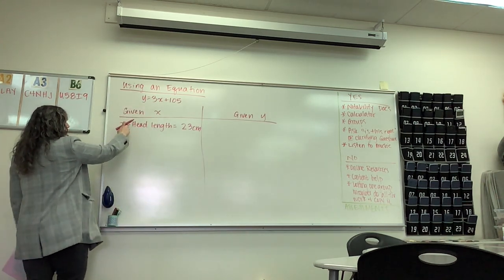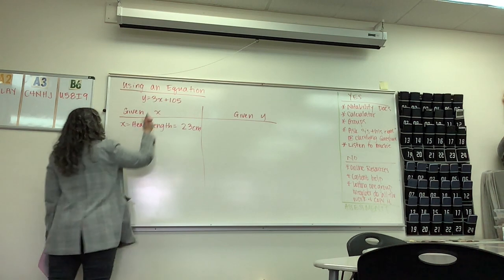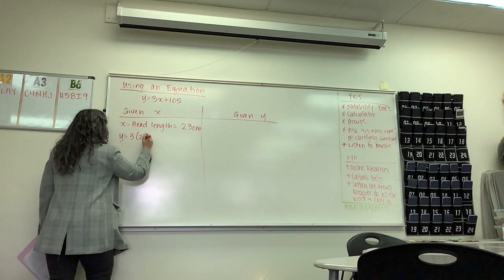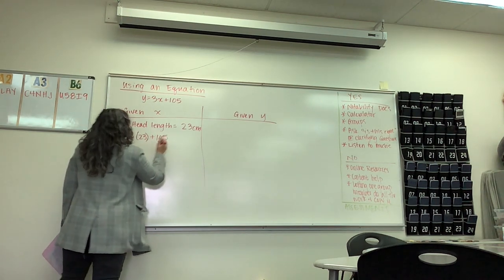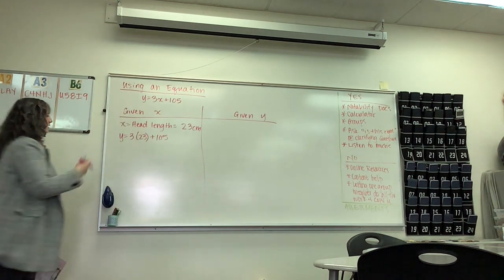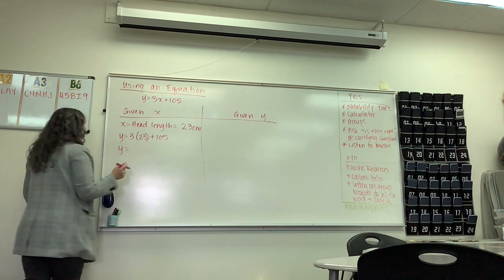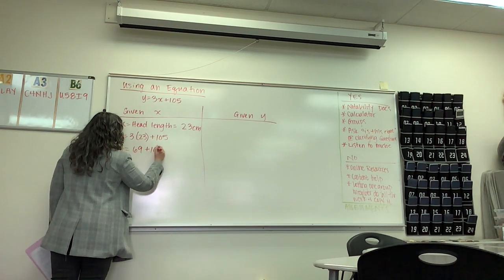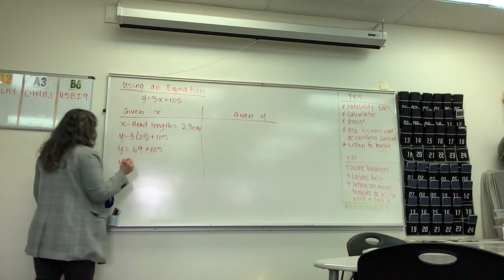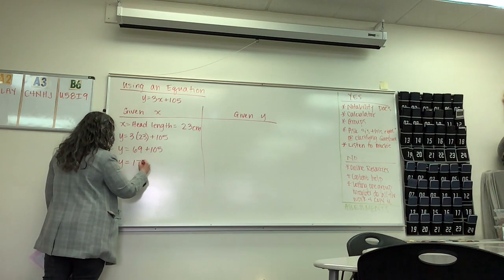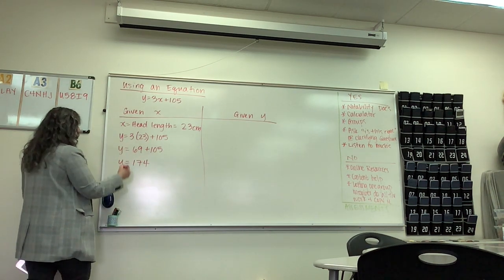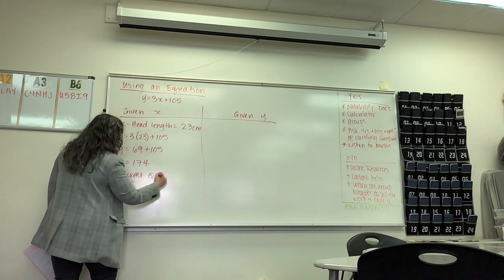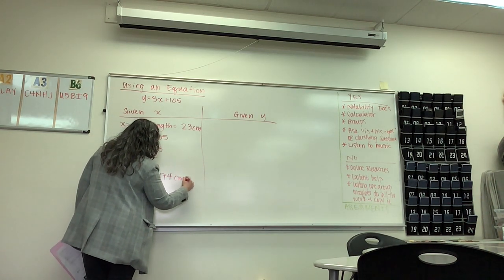To use this, I'm going to plug my 23 centimeters into my equation for x, and then just use order of operations to solve for y. So 3 times 23 gives me 69. 69 plus 105 gives me 174. What this means in context is the height is 174 centimeters.